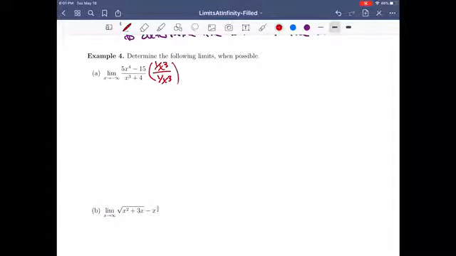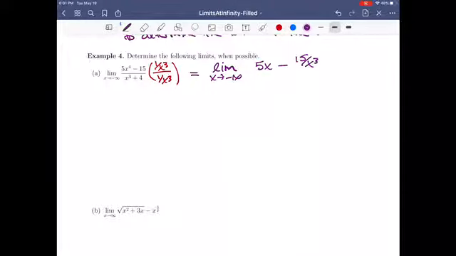So when I factor this through, it's going to be 5x minus 15 over x cubed, all over 1 plus 4 over x cubed.